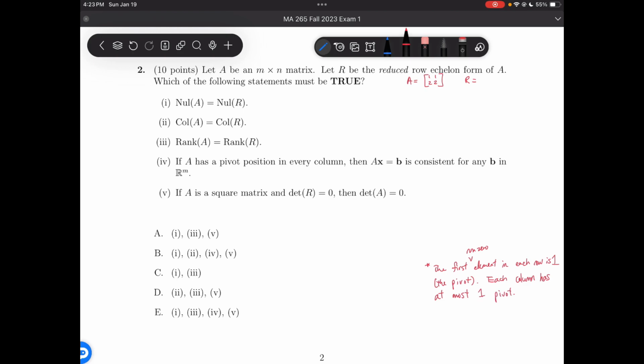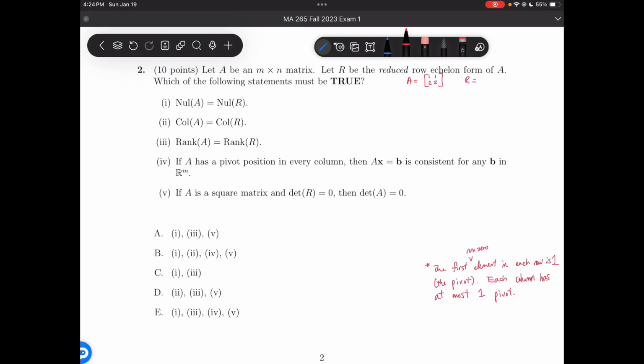And we can convert a matrix to its reduced row echelon form by interchanging the rows, by multiplying rows, or by subtracting or adding one row from another.